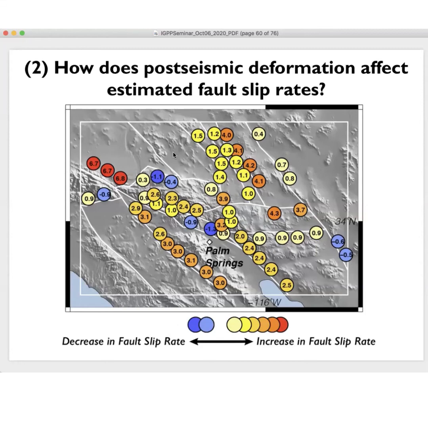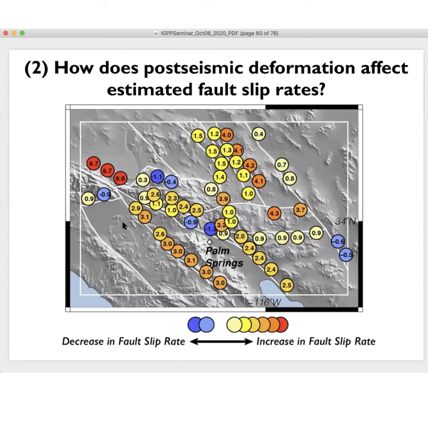So you can look at this map and see that in general you're seeing warm colors, meaning that most of the faults in our model seem to experience an increase in fault slip rate caused by this post-seismic deformation signal, with the notable exception of San Gorgonio Pass, which is interesting to see.